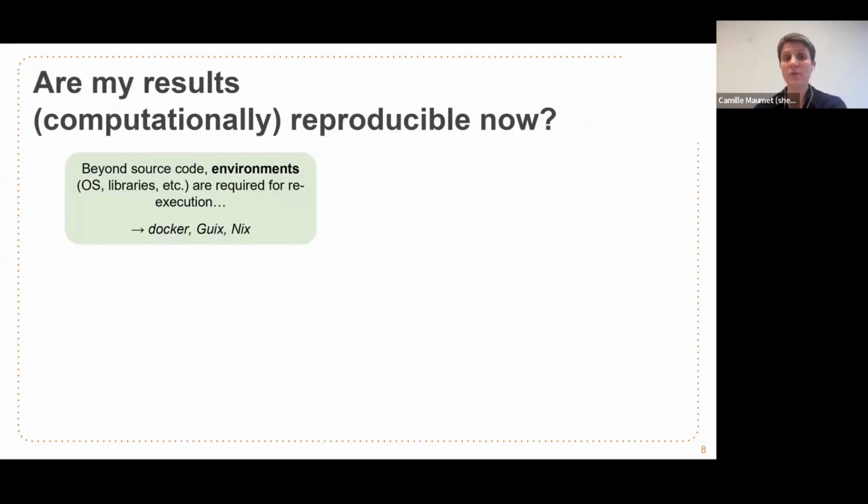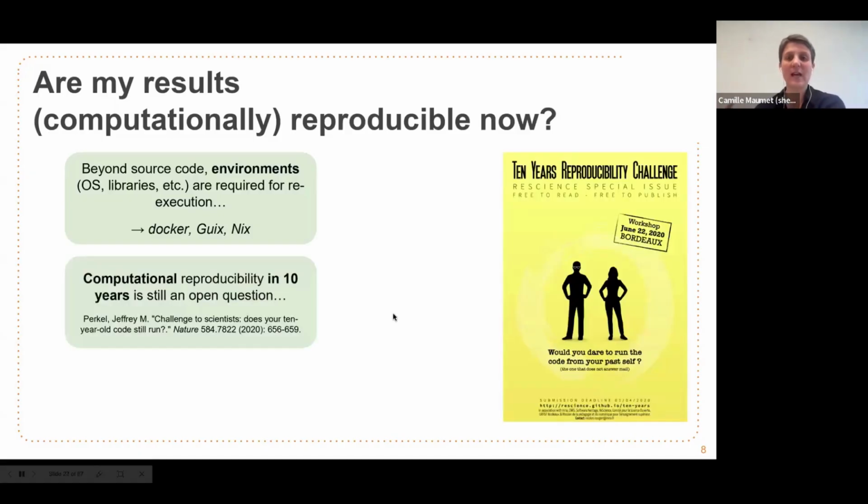And basically you have to give a description of all these if you want to be able to get closer to computational reproducibility. And in fact, I believe this is still an open question. So there are a number of computer scientists that work on that specific problem. So can we reuse a code and make sure that we ship all the dependencies with it and get the same results?